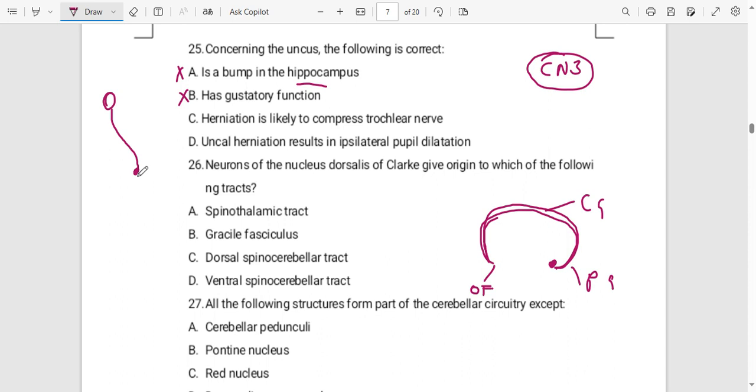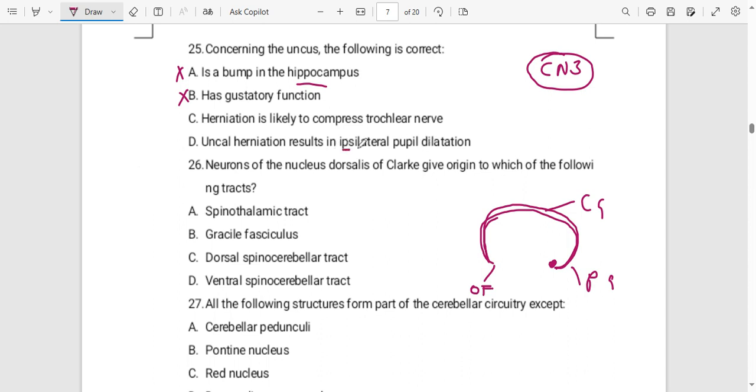It sends fibers that pick up other fibers via the oculomotor nerve, and those go back to this eye and to the other eye. Those are responsible, this is oculomotor, for both the consensual and direct pupillary reflex. So cranial nerve number 3 controls the size of the pupil. If there is herniation of the uncus, there's going to be compression on this nerve, and so that is going to cause ipsilateral pupil dilation.